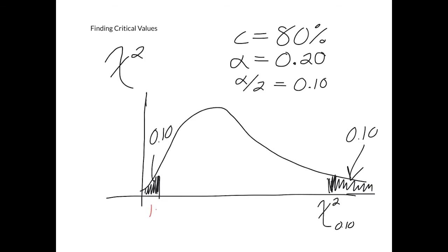That means you have 1 minus 0.1 or 0.9 over here in the right tail. So notation-wise, this is actually chi-squared sub 0.9 because 0.9 of the area is in the right tail. But if we go to StatCrunch, we can use the calculator and put 0.1 in the left tail, and it makes it nice and intuitive. So let's go to StatCrunch and get these guys.